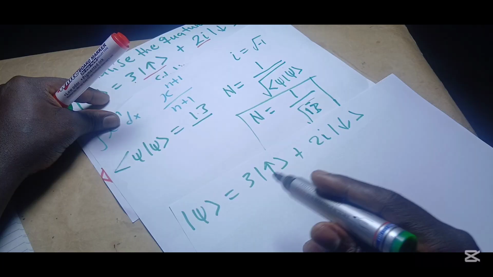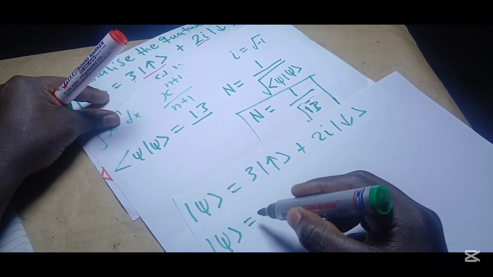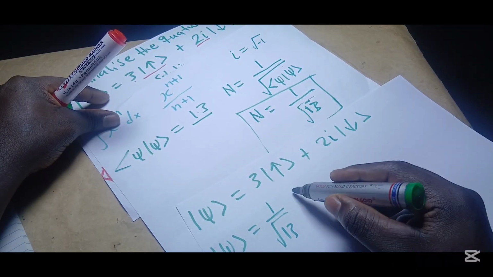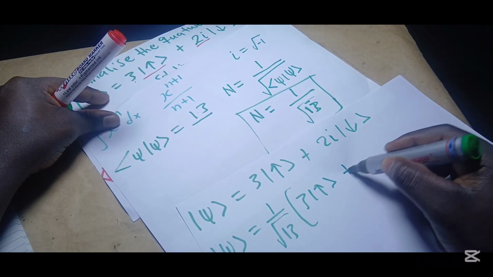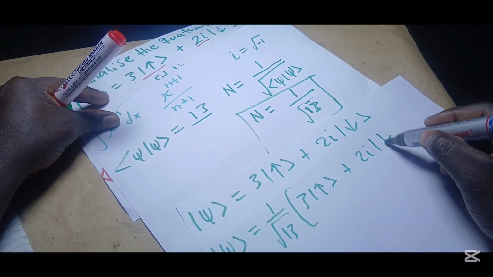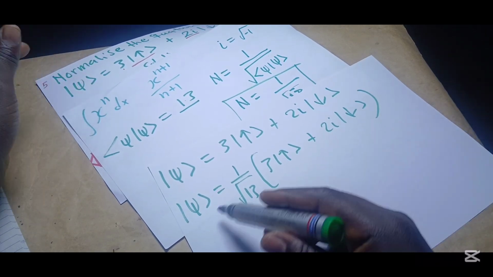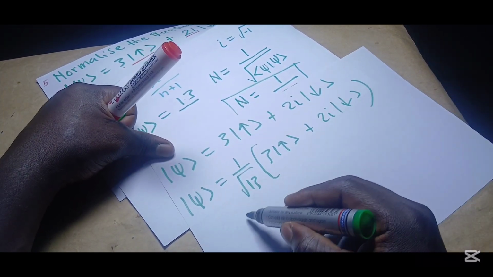So the normalized wave function is going to be 1 over the square root of 13 multiplying 3 spin up plus 2i spin down ket. So this is a normalized wave function. We can go ahead and simplify it.